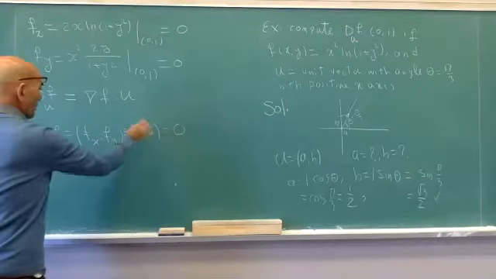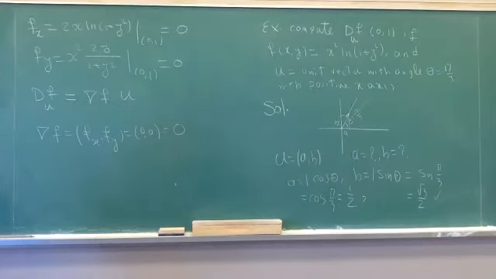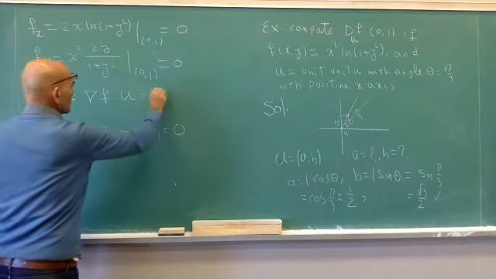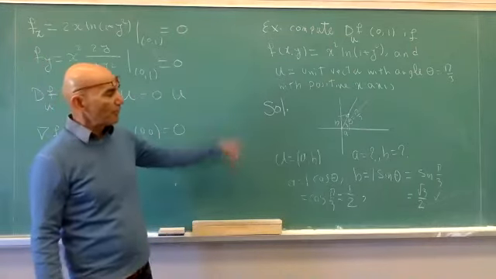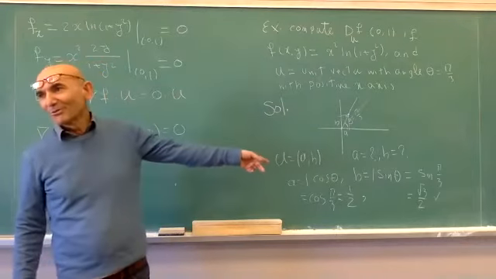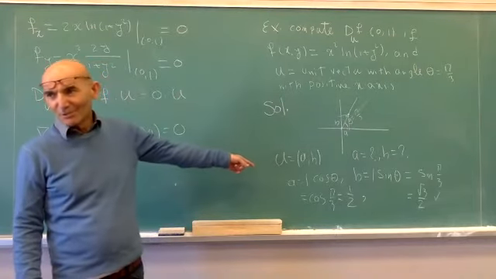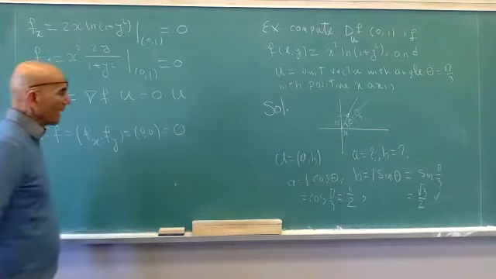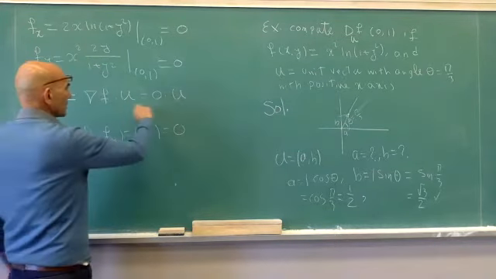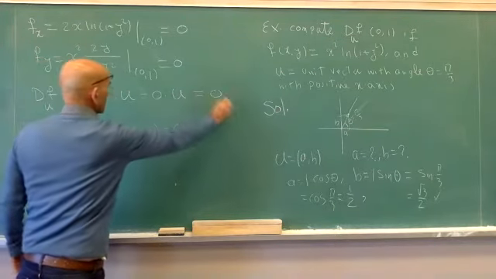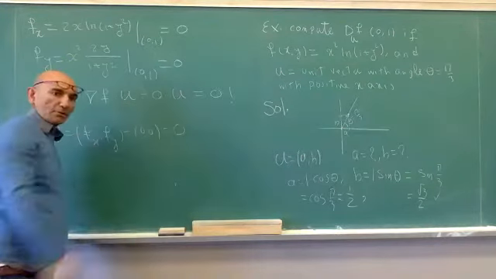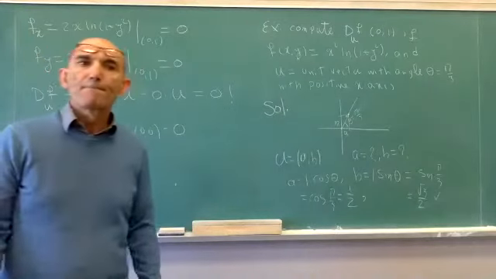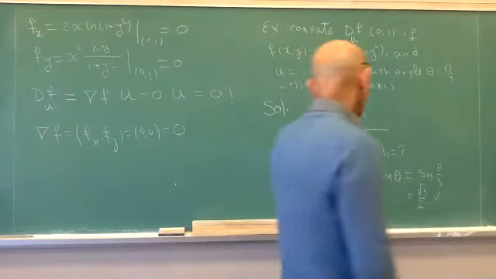Not a 0 number, a 0 vector, right? So then this is equal to 0 dot u. And it turned out that if we started the problem from the other direction, we didn't even have to compute this unit vector. That sometimes happens in calculations, so that's good. So that's equal to 0. But this 0 now is a 0 number, and the other 0 is a 0 vector. So that's it.